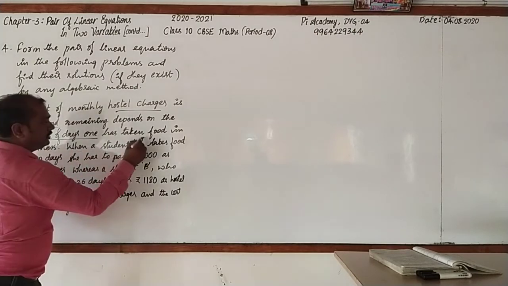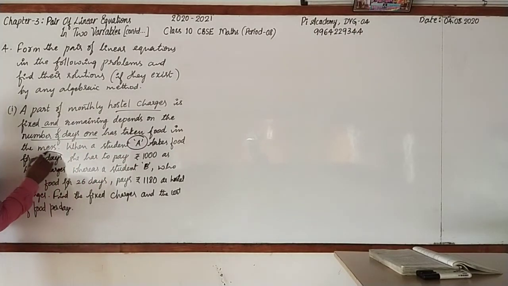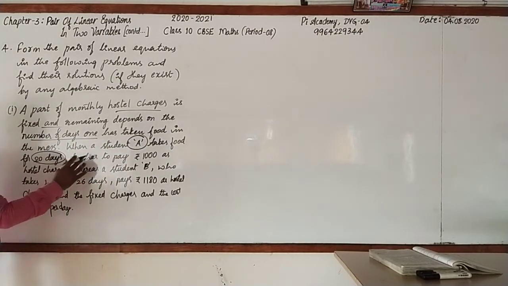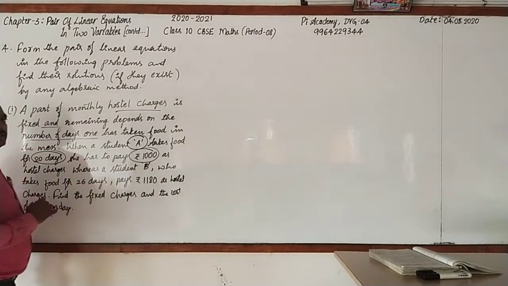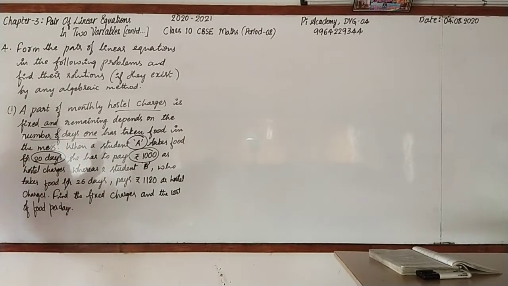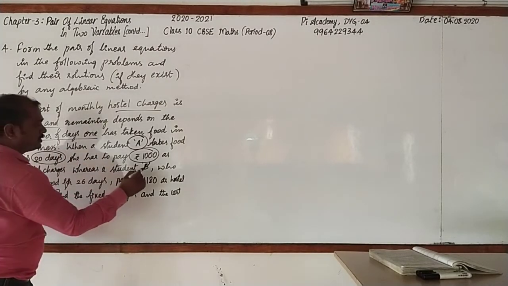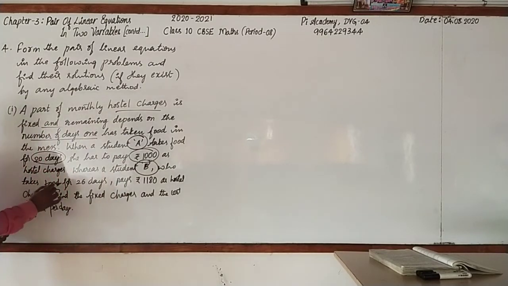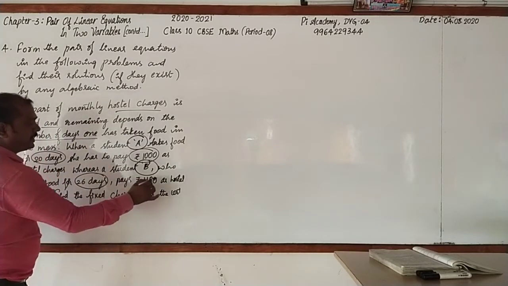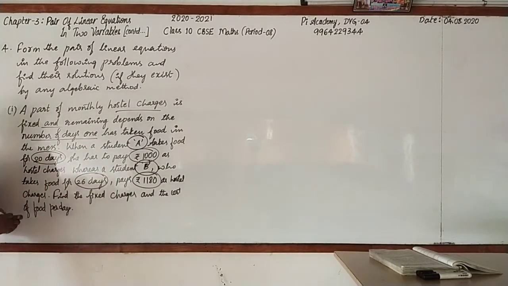When a student A takes food for 20 days, she has to pay 1000 rupees as hostel charges, which includes even the fixed charge. Whereas student B, who takes food for 26 days, pays 1180 as hostel charges. Find the fixed charges and the cost of food per day. Hope that you have understood.